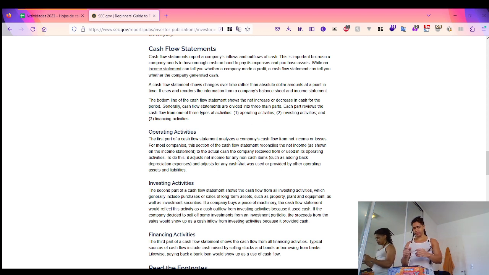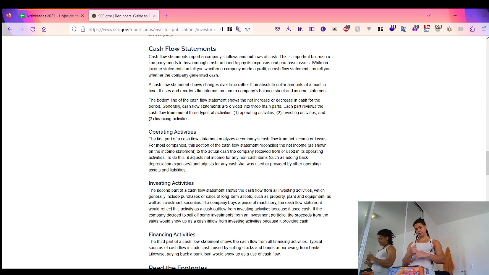And to do this, it adjusts the net income for any non-cash items that affect the income statement, such as depreciation or amortization, which takes into account the amount of wear and tear of some assets: equipment, property, plant, equipment, machinery, tools.